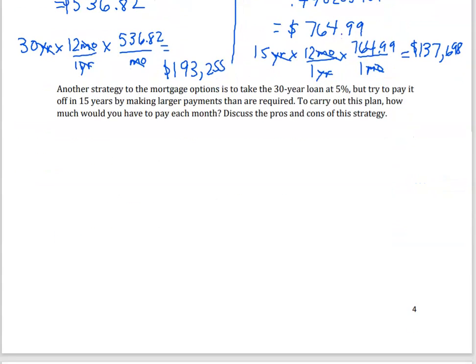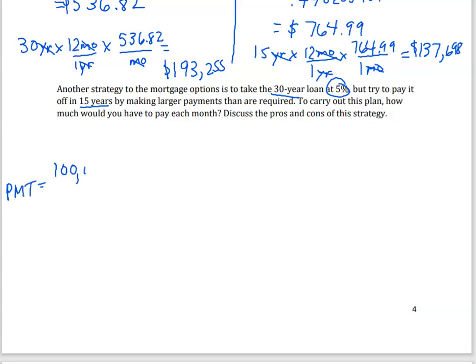Another strategy to the mortgage options is to make the 30-year loan at 5%, but try to pay it off in 15 years by making larger payments than required. To carry out this plan, how much would you have to pay every month? So basically we're going to do the 30-year loan, but we're going to pay it off in 15 years. Still have 5% interest though. So we would do our payment.